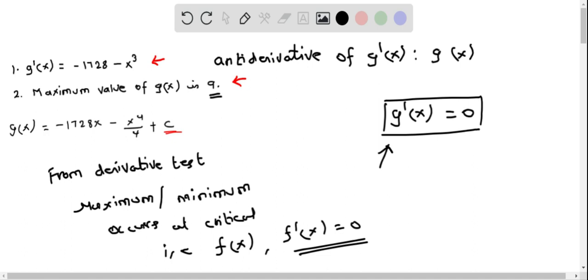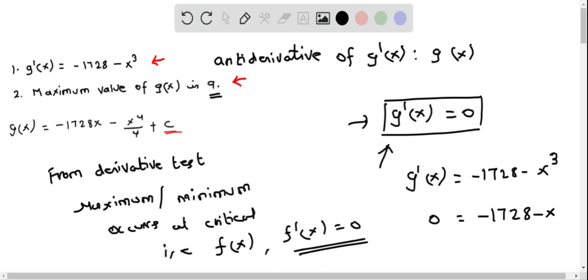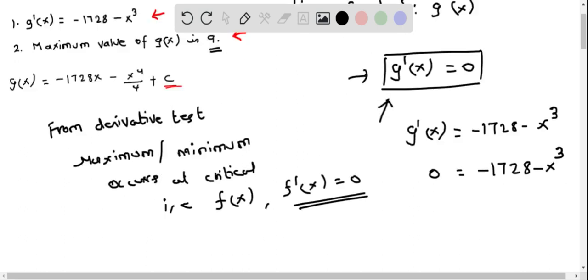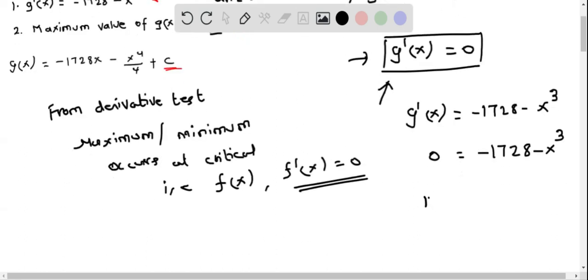So let me do that. Once again I take g prime of x. This is negative 1728 minus x cube. I set this equal to 0 according to this rule, and we have to solve for x. So this is minus 1728 minus x cube equals 0. Now I can add 1728 on both sides.